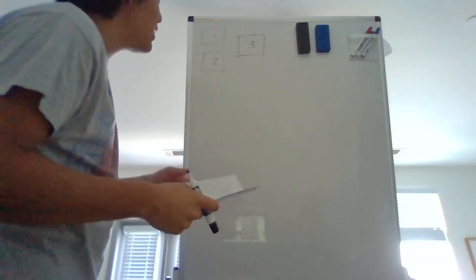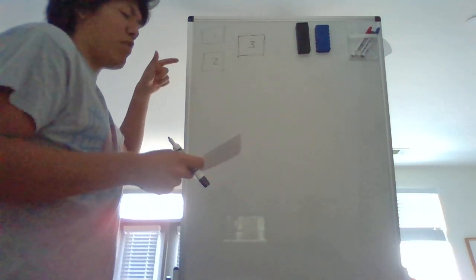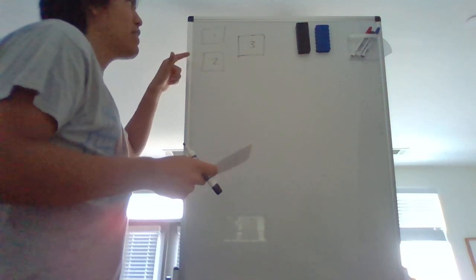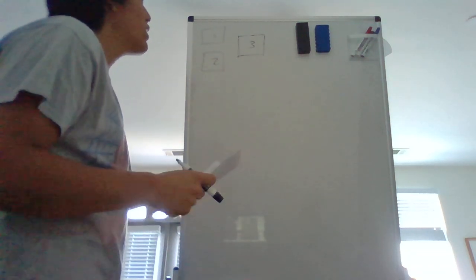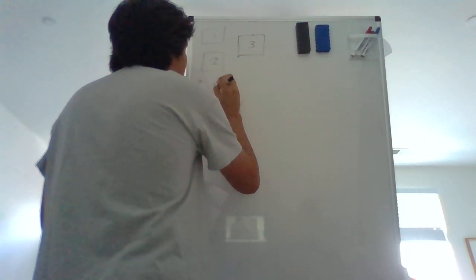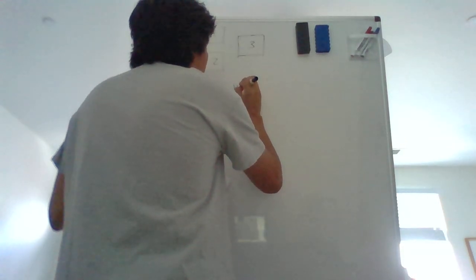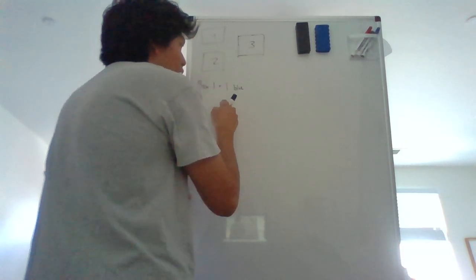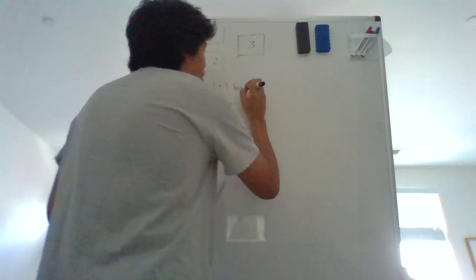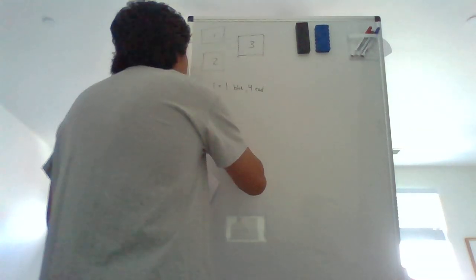Okay, so that basically means that for any box we choose, it has K blue marbles and 5 minus K red marbles. So, I'll write it right here. For box 1, we have 1 blue, and 5 minus K, 5 minus 1, which is 4 red marbles.